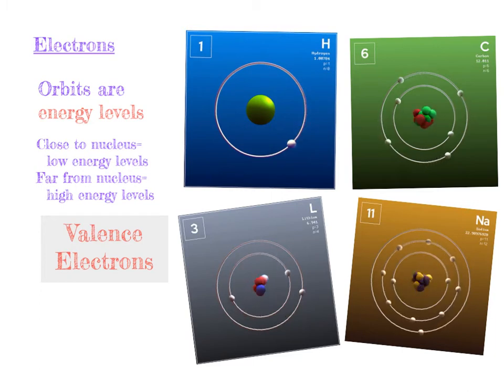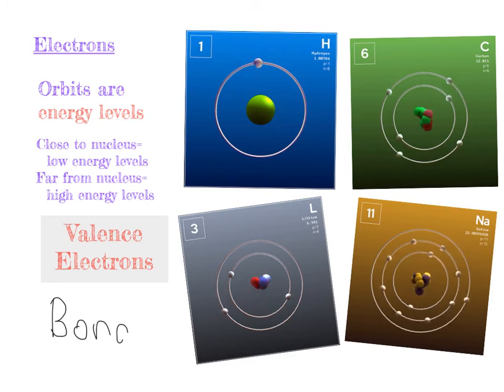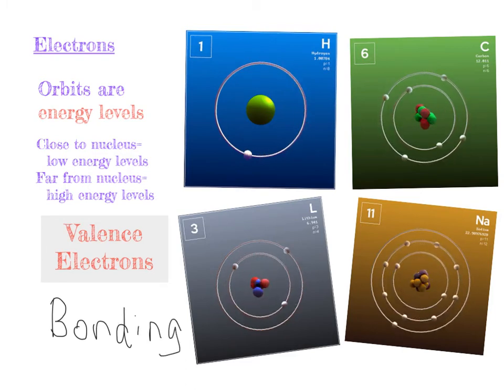What's so special about the valence electrons? The thing that is most important with the valence electrons is bonding. And we're going to talk about that more later. Bonding is when you have different atoms that are chemically joined together.